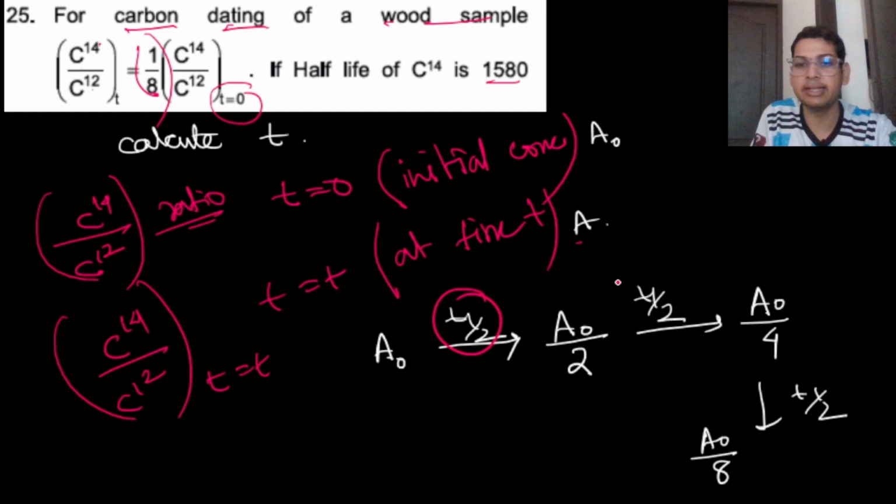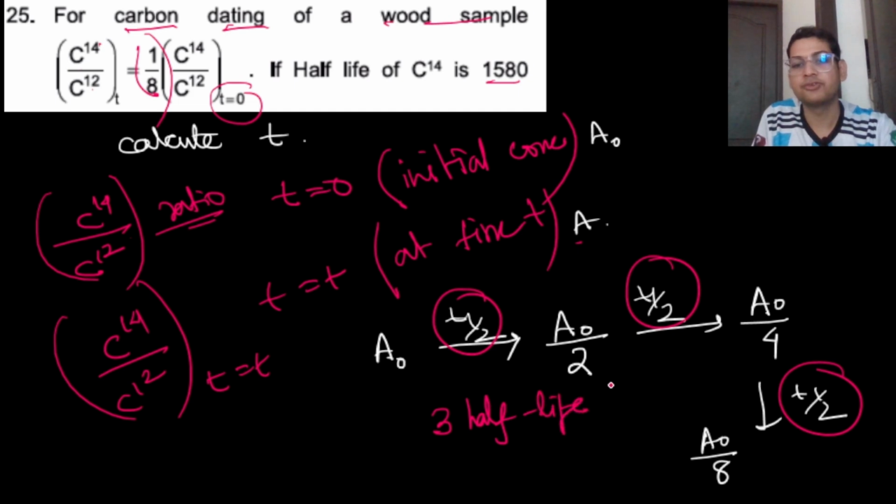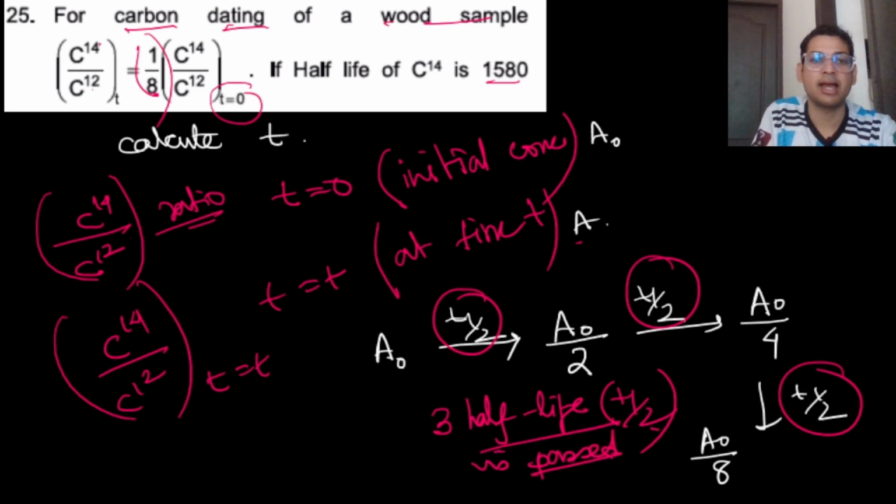Now you are having A naught by 8. That means 1 T half, 2 T half, 3 T half, so 3 half-lives have passed, since the ratio is 1 by 8. Then sir, what is the time?